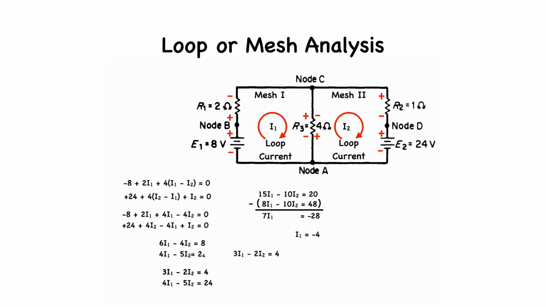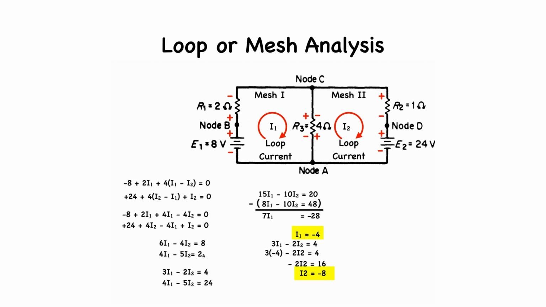We now solve for I2 by using this equation: 3I1 minus 2I2 is equal to 4. Replacing I1 with minus 4 gives us this equation, which simplifies to minus 2I2 equals 16 and allows us to solve for I2, which is equal to minus 8 amps.